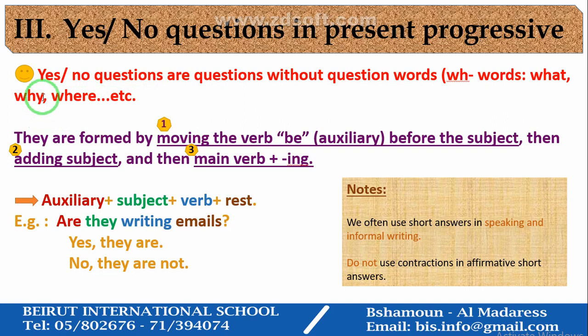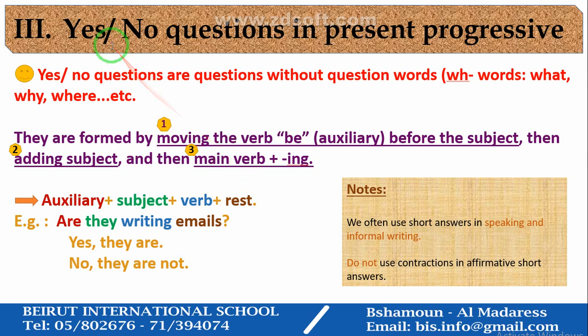How do we form these yes-no questions? They are formed by moving the verb be, or the auxiliary, before the subject, then adding the subject, and then the main verb. So if you remember, in the form of present progressive, you have subject, then auxiliary, then verb plus ing, and then object.